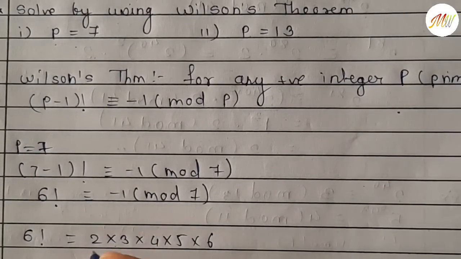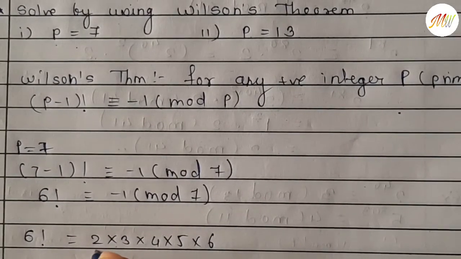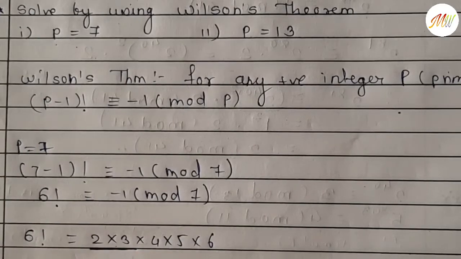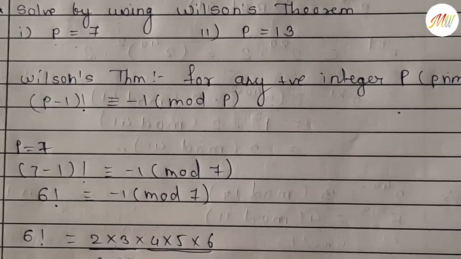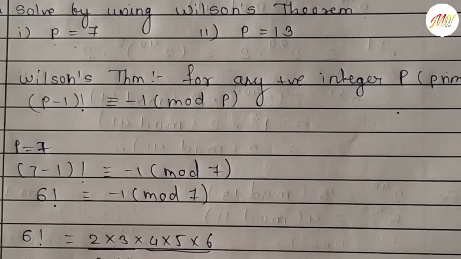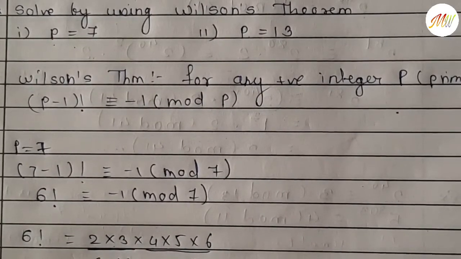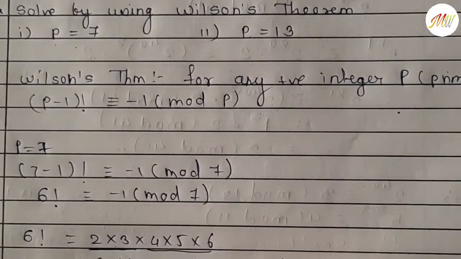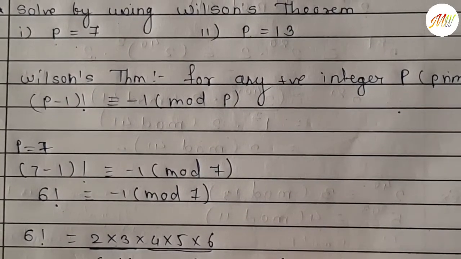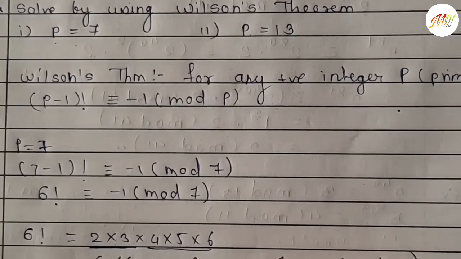Okay, so what we do here, we take the multiplication of this. So we write here 6 and we write this as it is. Okay, why we write this? Because 6 is congruent to minus 1 mod 7.